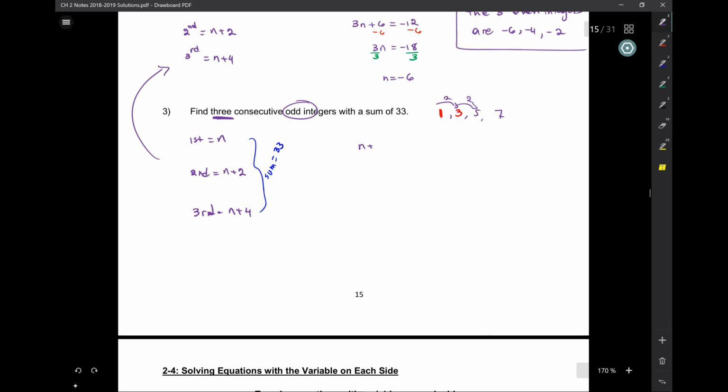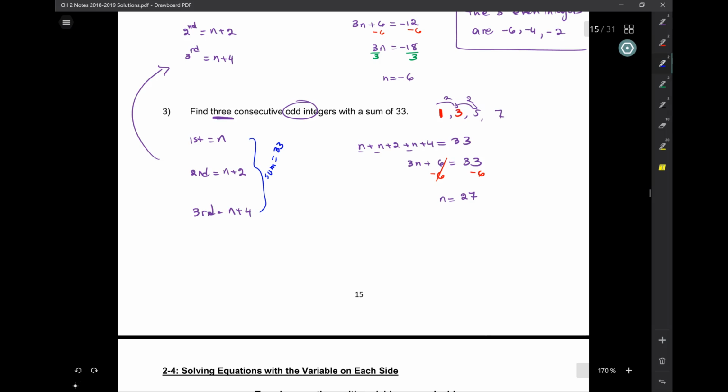So, when I add them all, how many n's do I have? 3 n's. And how about the numbers? 6. So help me out. What do I do? So 3n equals 27.